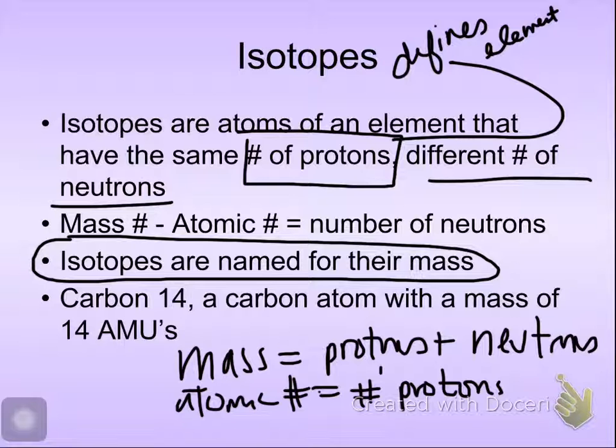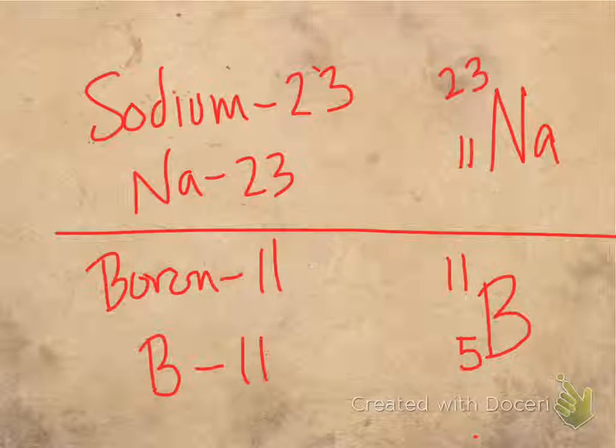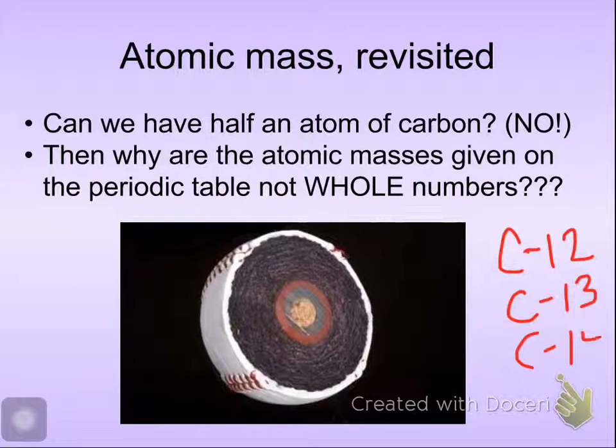So, how do we account for having a single atomic mass if some atoms of carbon have a mass of 12 and some have a mass of 13 and some have a mass of 14? How do we get a single atomic mass to put on the periodic table?